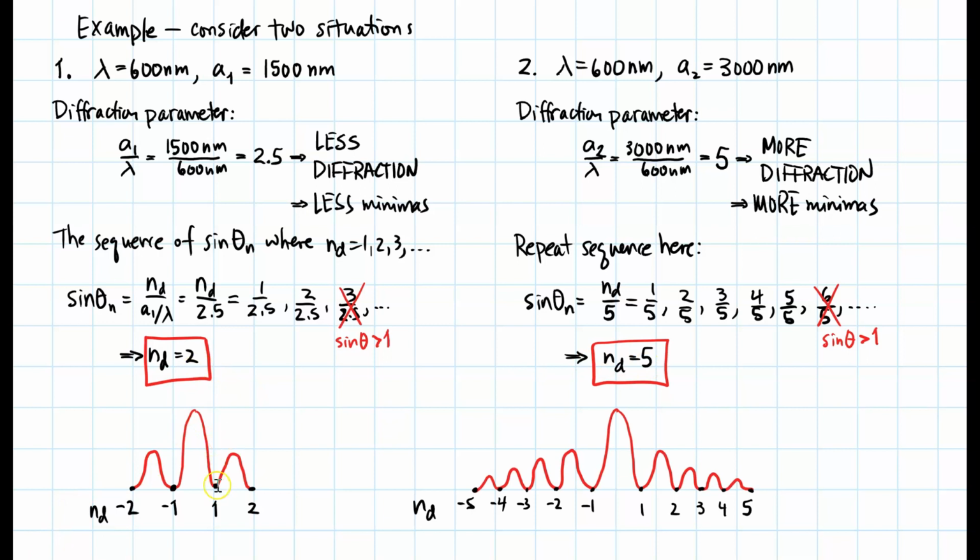So if I look at the diffraction pattern, you could see here that I have two minimas from the central fringe, so the total number is then going to be 4. And if I look at nd equal to 5, you could see that I got 5 minimas. In other words, this one has more diffraction than this one over here. That's what the diffraction parameter is telling us.